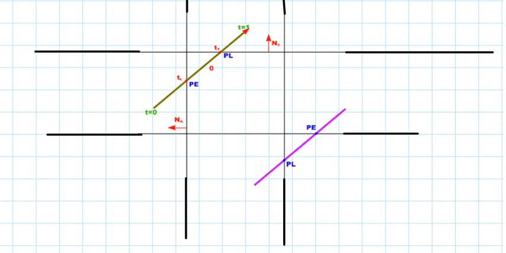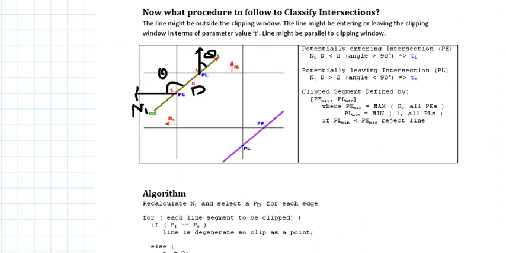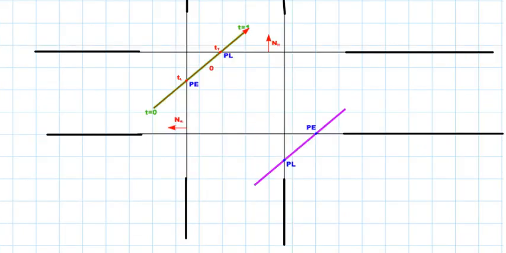Here we go. Then do this potentially entering and potentially leaving calculation for this line with respect to the edges.